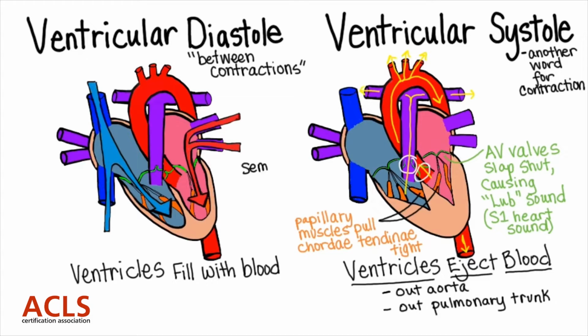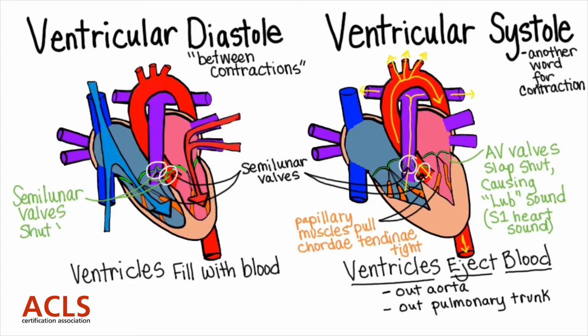So these semilunar valves only remain open while pressure is at its highest in the ventricles. As soon as the ventricles begin to relax, although they're still higher pressure than they are at rest, the semilunar valves will fall shut. And they make this audible dub sound known as S2, or the second heart sound.